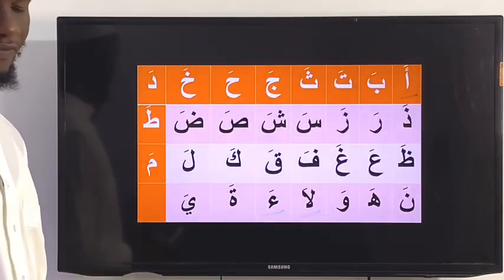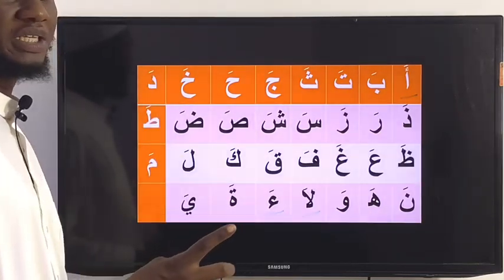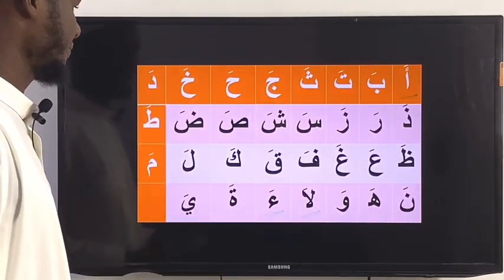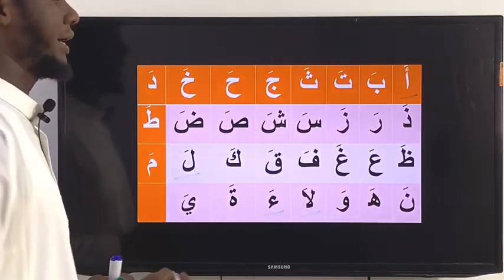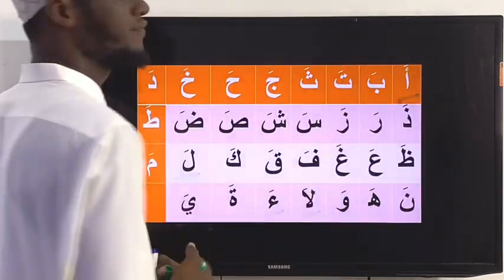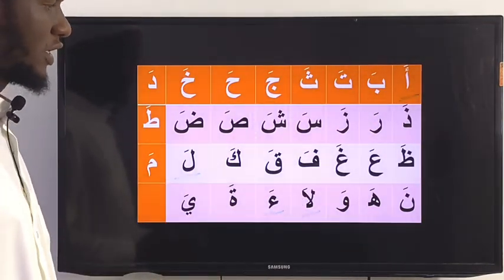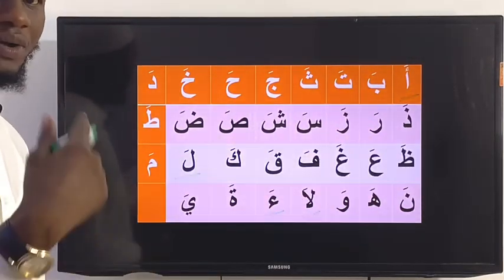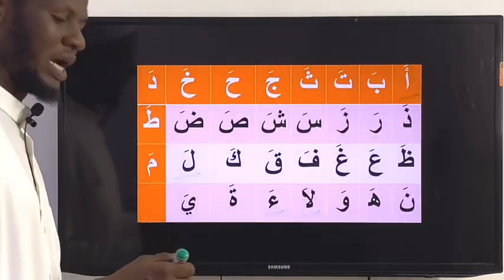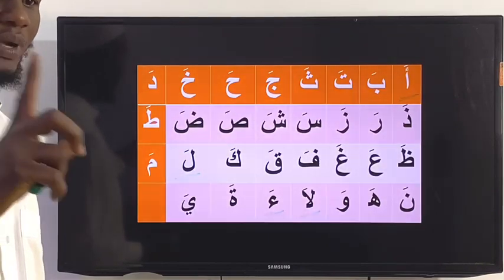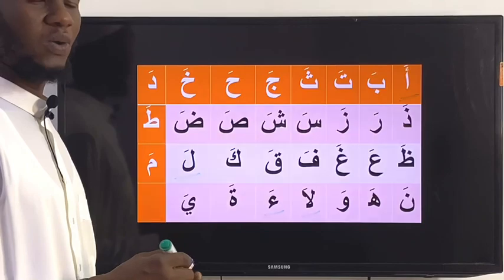Also, lam alif. Lam alif is a combination of two different letters. It's a combination of letter lam and letter alif that comes together to form lam alif. So if you realize during our reading, when we got to lam alif, we had to stress it, and then we gave it a long vowel.